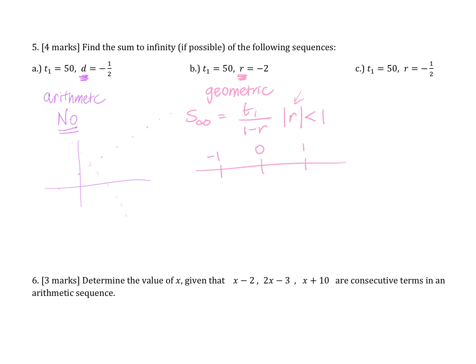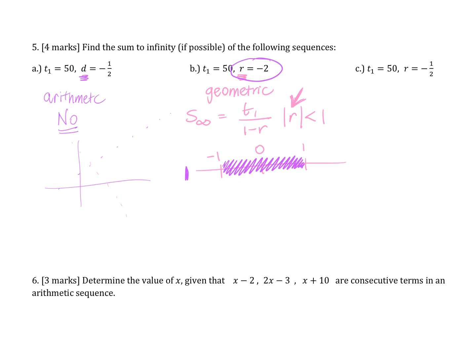This magnitude sign means the distance that our r is from 0 needs to be smaller than 1. So it needs to be somewhere in here. The r needs to be within 1 step from 0, which is from -1 to 1, not including -1 or 1.